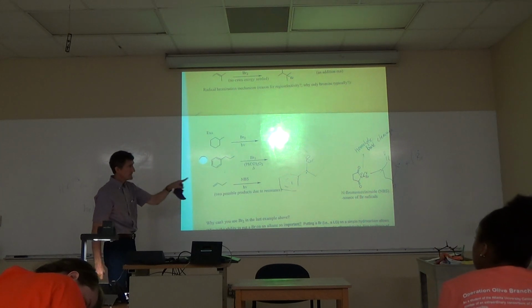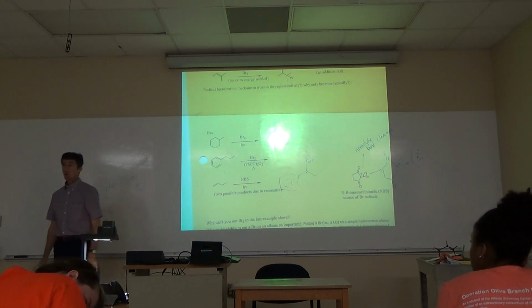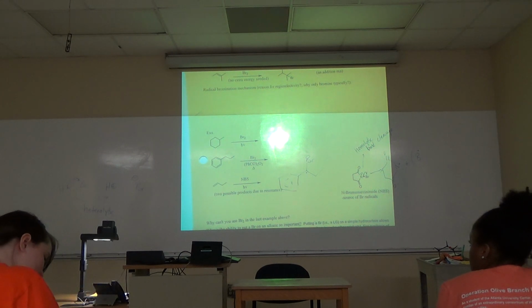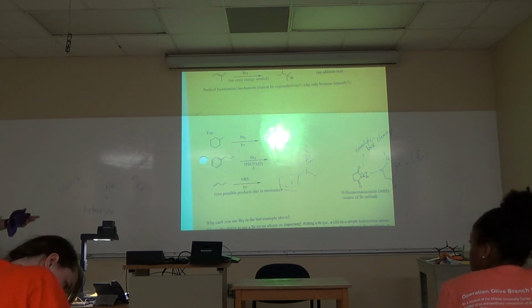Good thing about NBS is, compared to bromine, bromine is a toxic, volatile liquid. If you drop a bottle of bromine, you're going to have this nasty liquid everywhere. You're going to have to evacuate the lab.